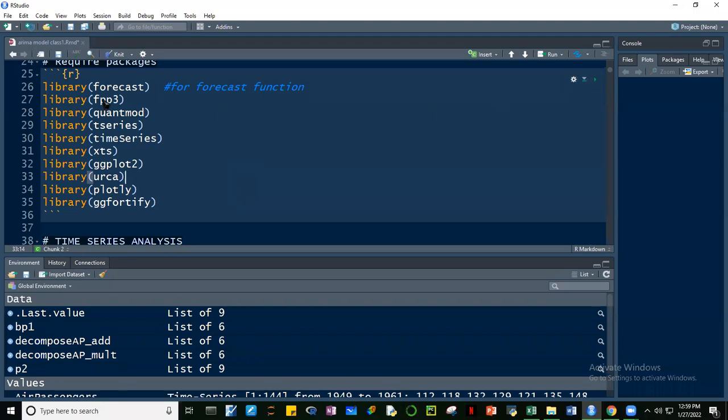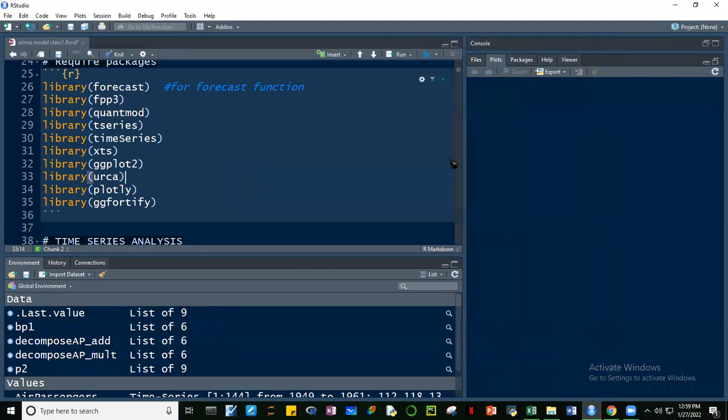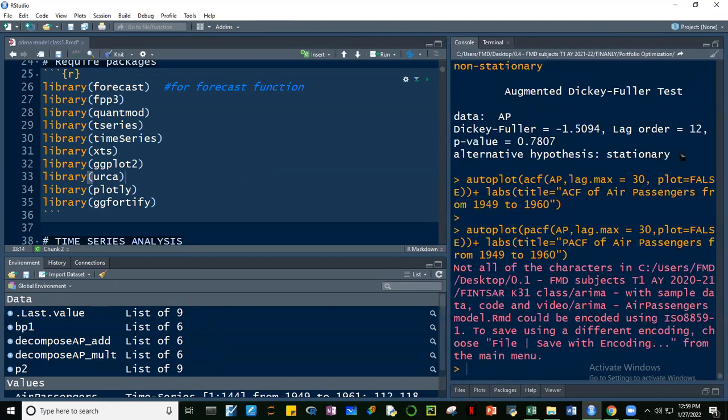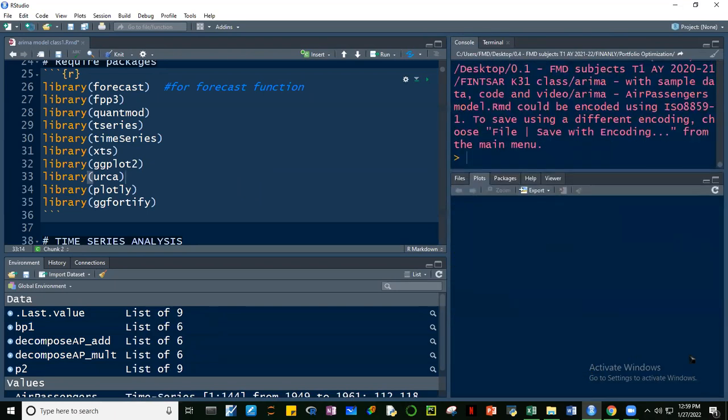Na lang guys. You know what to do guys kung hindi pa kayo naka-install. You can either install or pwede nang dito na lang kayo sa packages, no? So for example, kung wala pa kayong forecast na package, you can install it here, di ba?